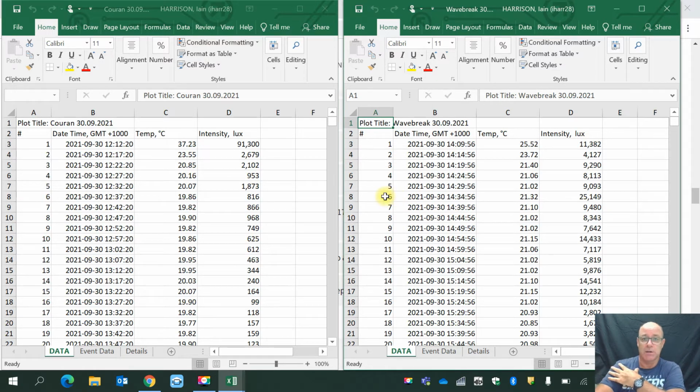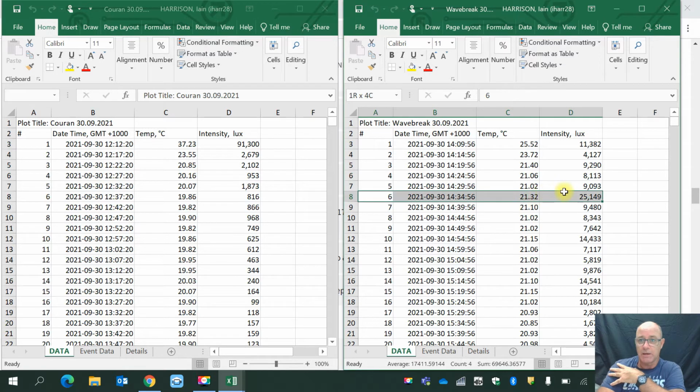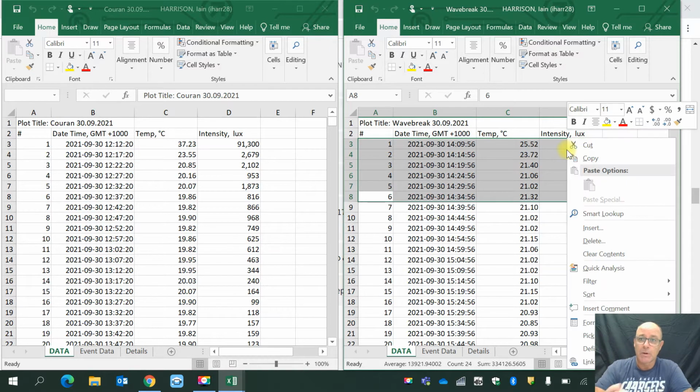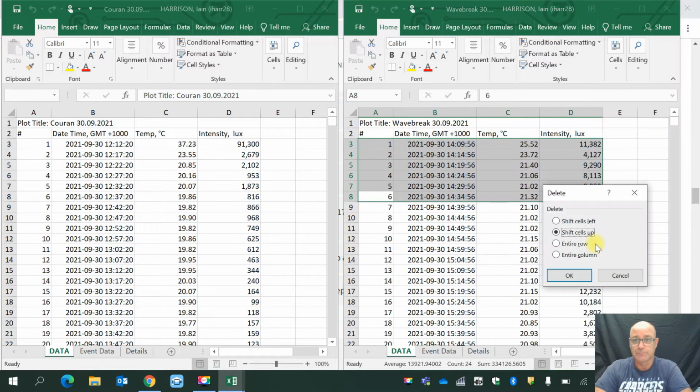I'm going to ask you now to select plot title 6 all the way over here. We're going to include 25,149 lux. We're going to select all of the data going back to the first piece that was recorded, and then right click on the selected field and delete that information.